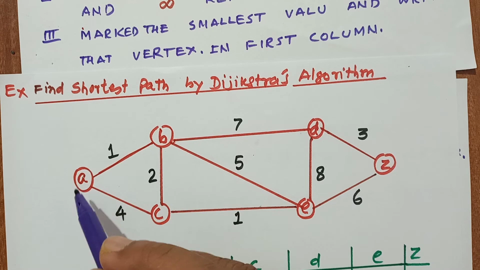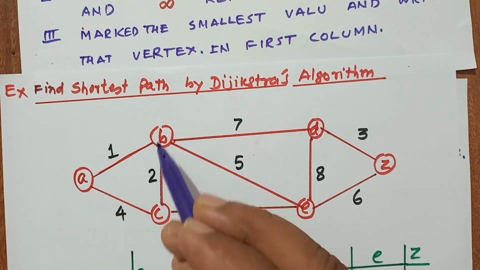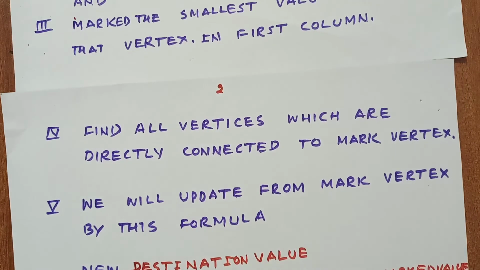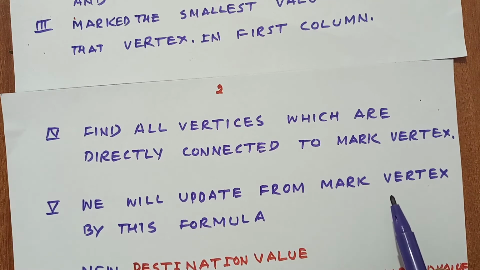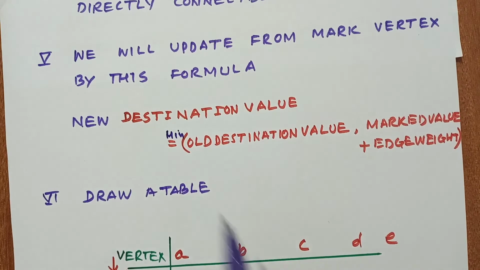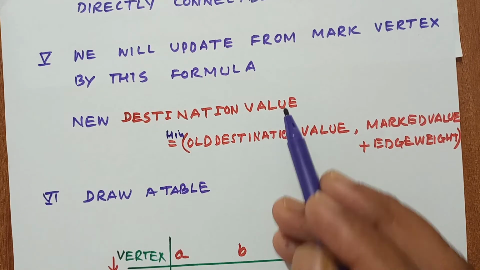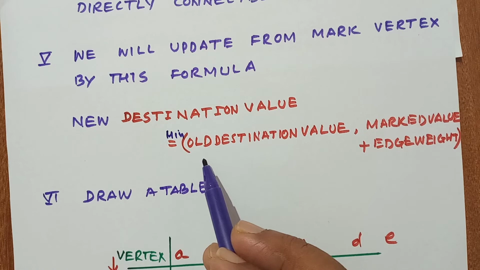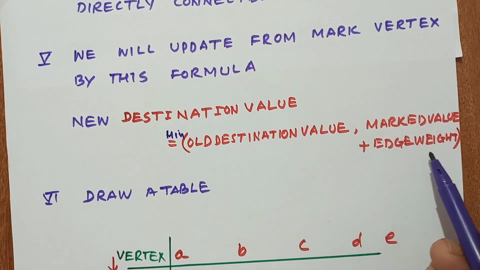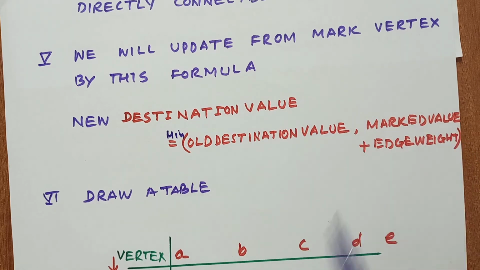We concentrate only on these two vertices, and we will put the smallest value. Then we will update from the marked vertex by this formula. The formula is: new destination value equals minimum of old destination value, comma, mark value plus edge weight. By using this formula.